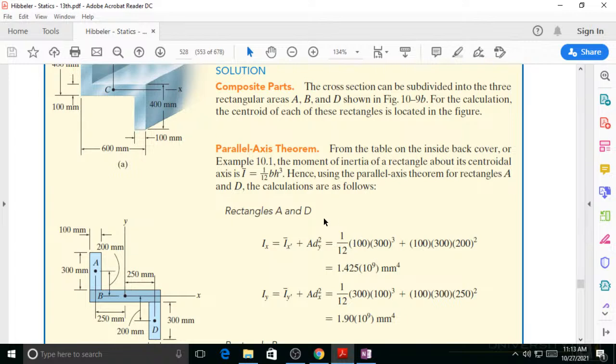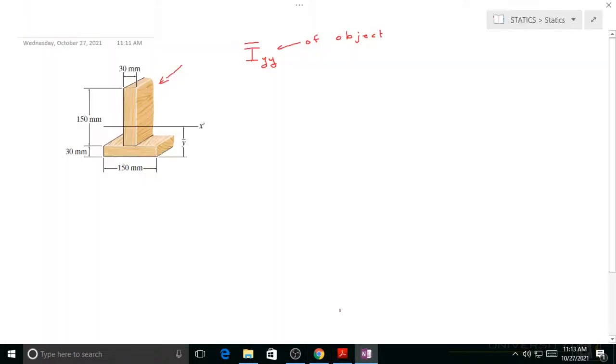So one of the things you'll notice, these are both rectangular sections. So what I'm going to do is label this one 1 and label this one 2.